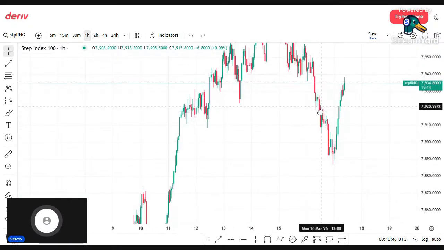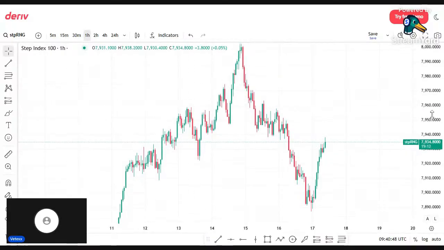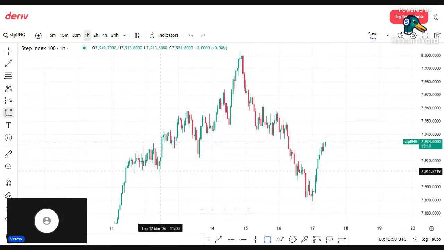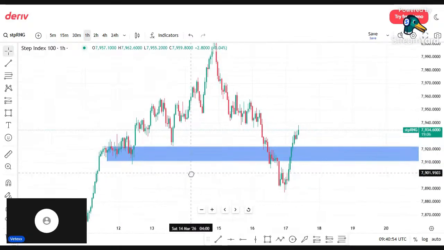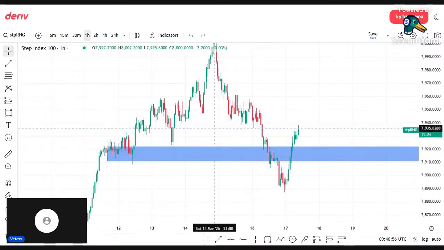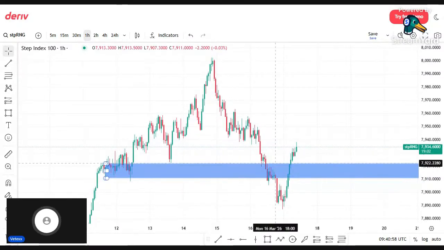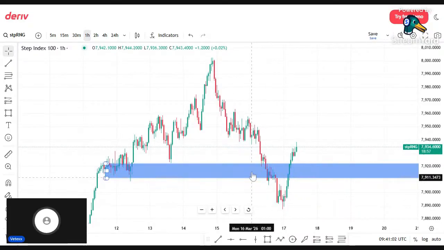So I was anticipating a sell here yesterday, but it got invalidated. So this was the structure. There was no continuation entry on this, and price just passed through it like that. So we don't have anything on step 100.